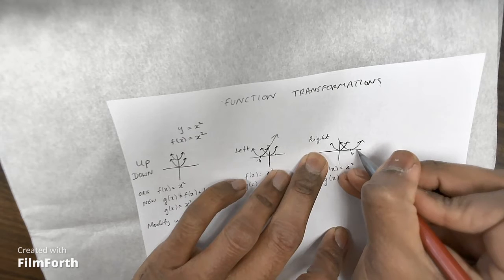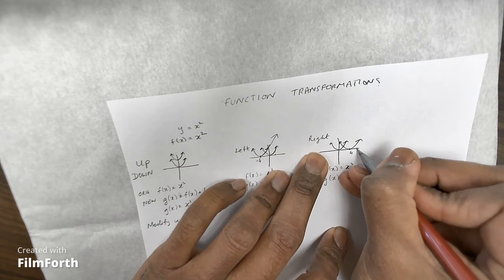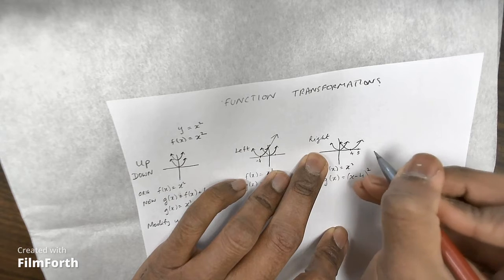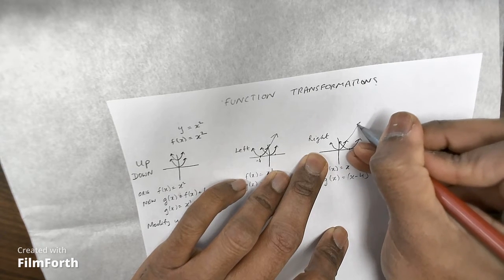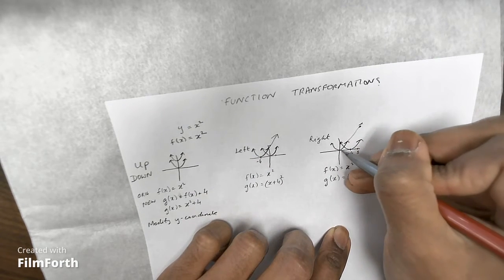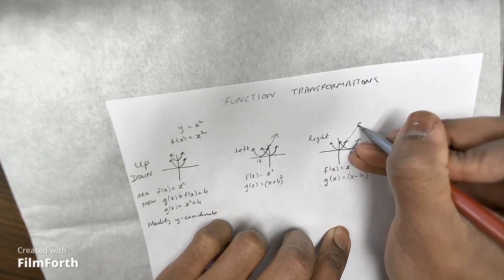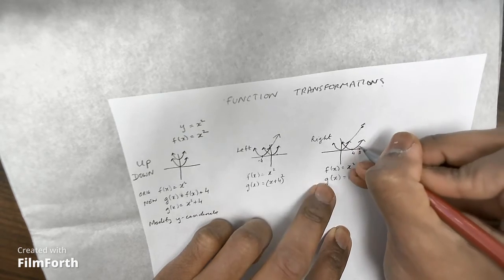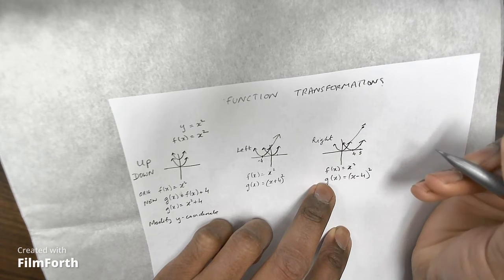When we move to the right, suppose we were somewhere here, say at 5. Originally at 5, we were really high up there, right? This is the original function. We were at 25 for x is equal to 5, so the function output was 25. Now the new function is 1.